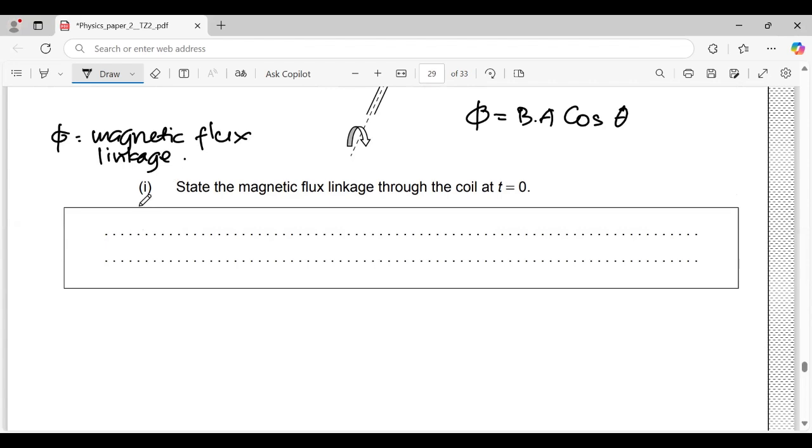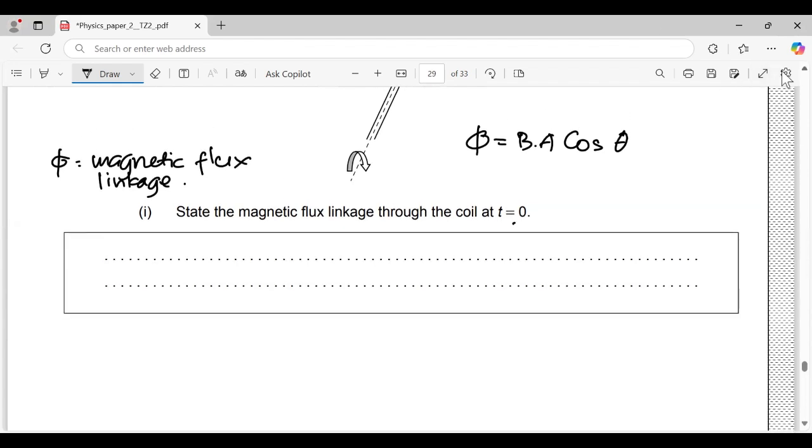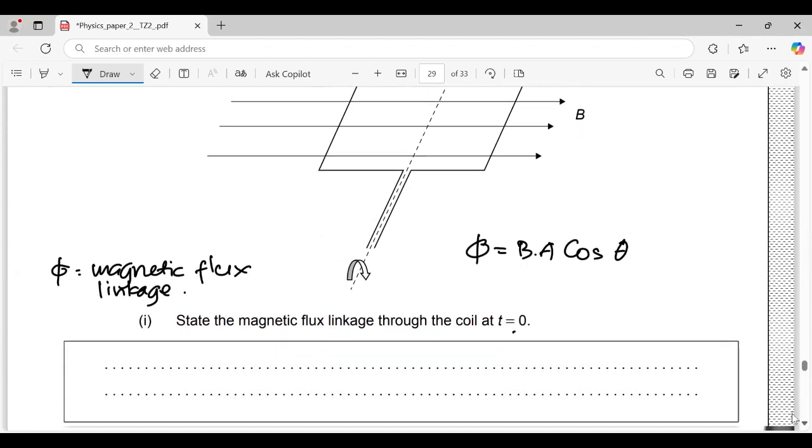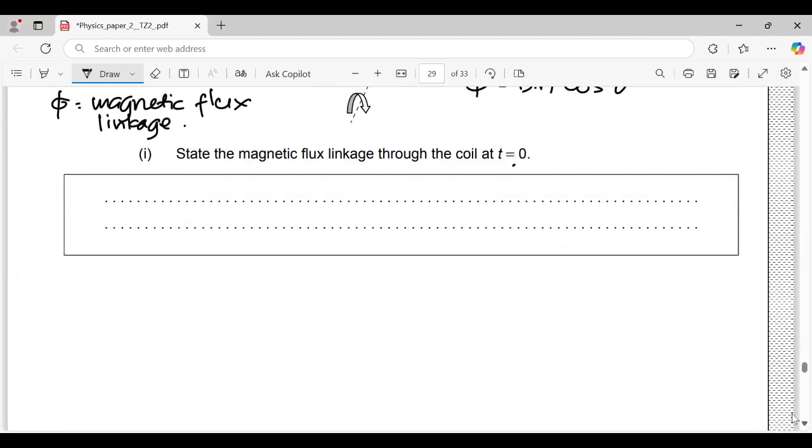At t equals zero, it is given that the field is parallel. The magnetic field will be parallel with the coil area. If the magnetic field is parallel with the coil area, this means theta will be 90 degrees.